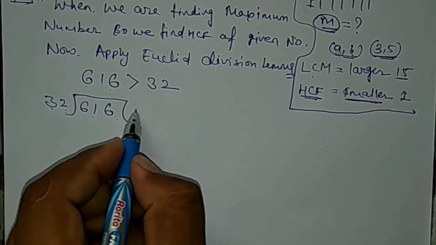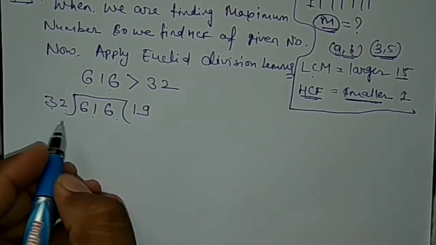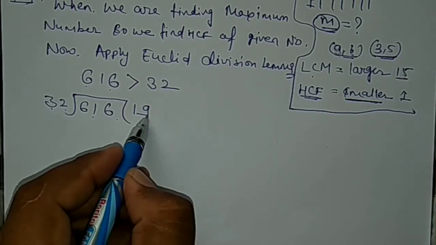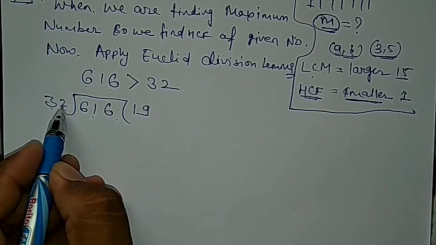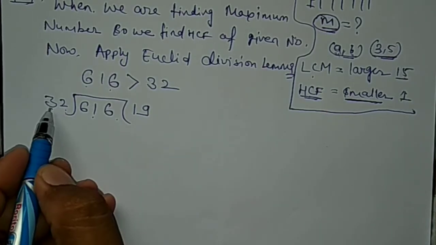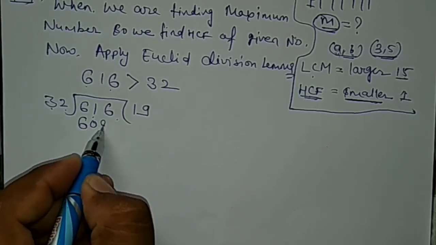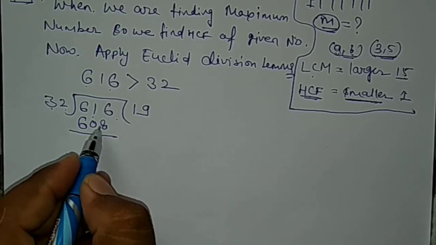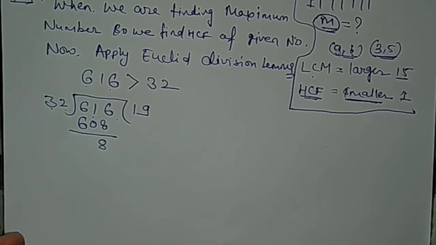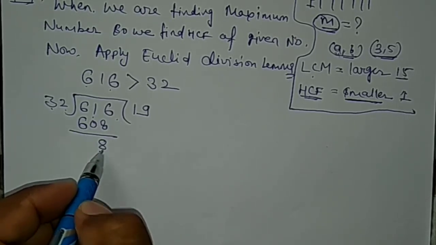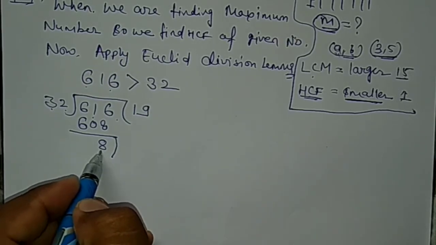Okay, so the number is here 19. So 19 into 30, 19 to the 38 and 57, so it comes out to be 608. Okay, and it comes only 8 here. So remainder is not 0, keep on dividing.